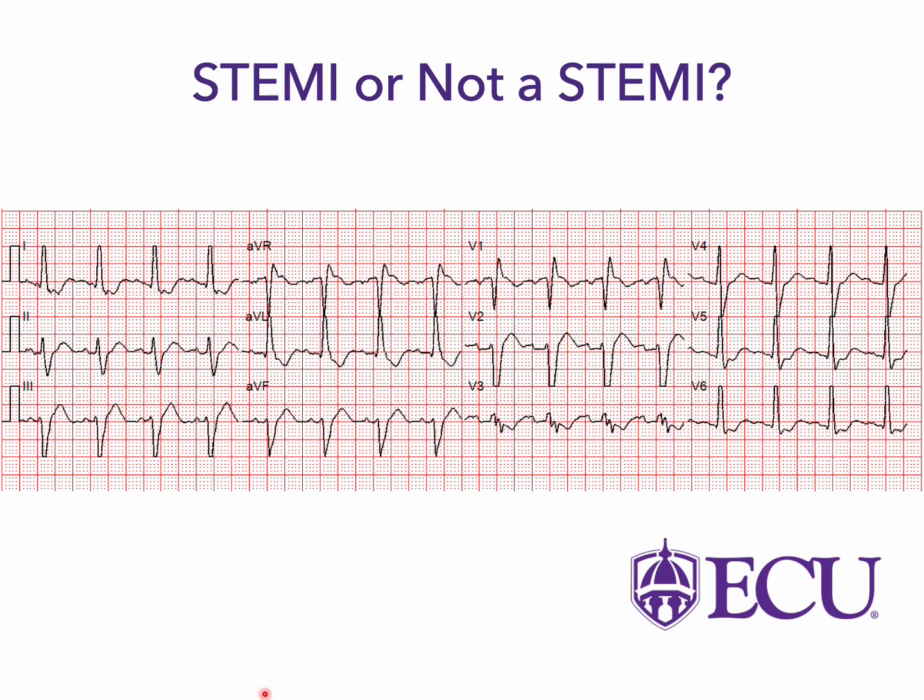So let's break it down. Again, we have that widened QRS complex that suggests that this is likely a left bundle branch block. And we see some morphology here that could be concerning if we don't break it down using what we know.